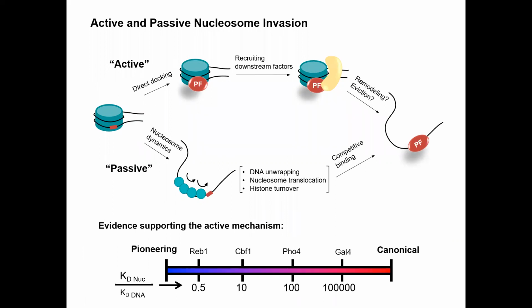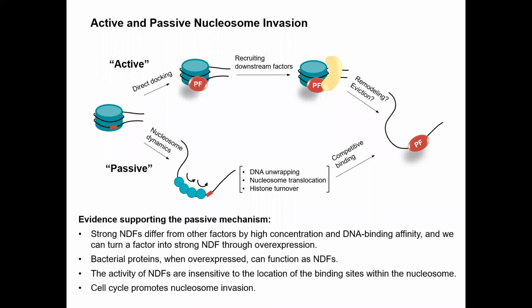But on the other hand, from the first study that I talked about, we also showed that the NDFs are not that special, right? Because we can overexpress a factor and turn it into an NDF, and even bacterial proteins, which should not have pioneering activity at all, can also deplete nucleosome inside the cells. So that indicates that you don't need anything special to deplete nucleosome.